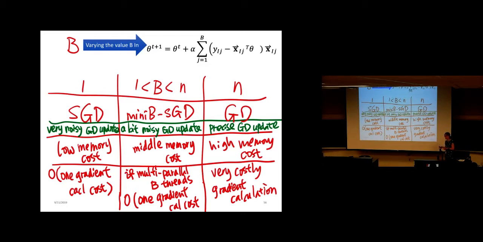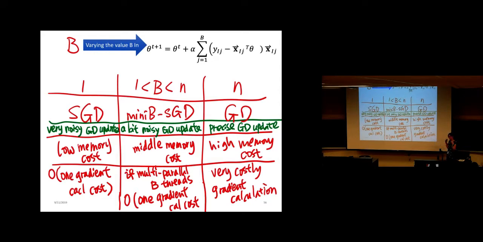data in your memory. And so in terms of big O, stochastic gradient descent is O(1) gradient calculation, one sample gradient calculation. And this is really tricky. In the mini batch version, if you have B parallel threads, you feed each of the B samples in the mini batch to a thread.